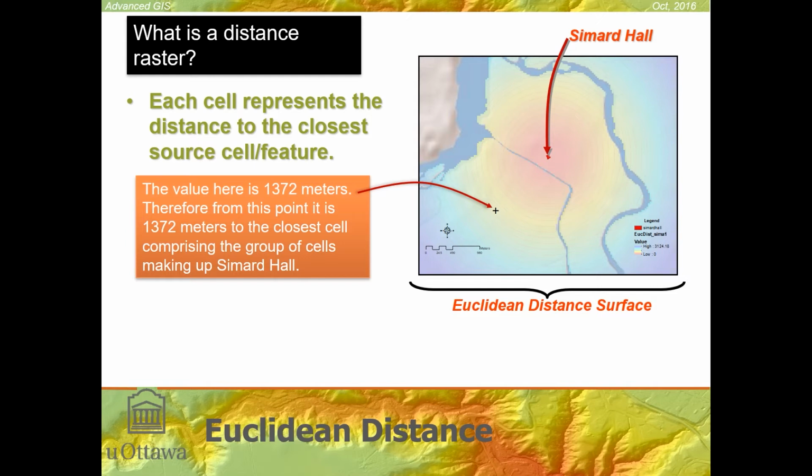And so every cell represents how far it is from Simard Hall. So no matter where we are within this geographic domain or extent that we're looking at here, any cell tells us how far it is back to Simard Hall, the source from which the distance was calculated for every cell in the raster. In this case, this point right here is 1,372 meters from Simard Hall.